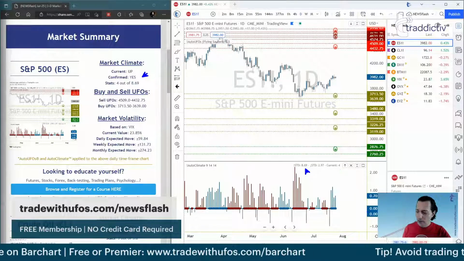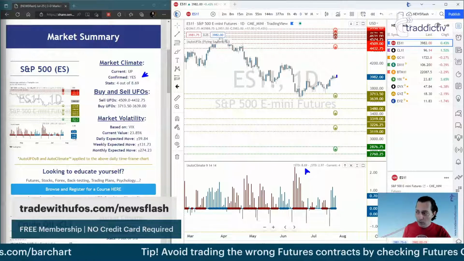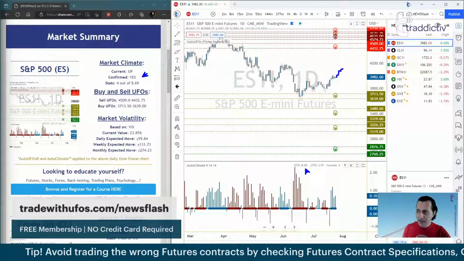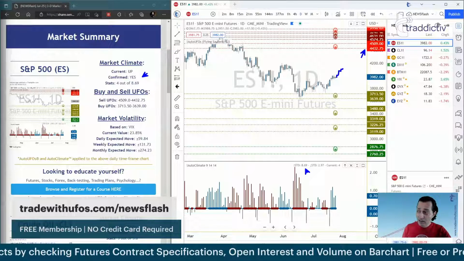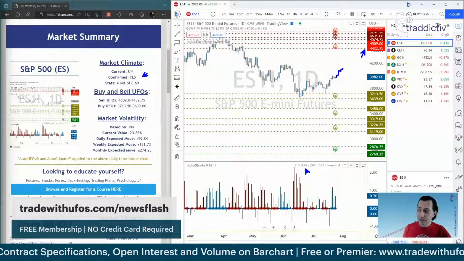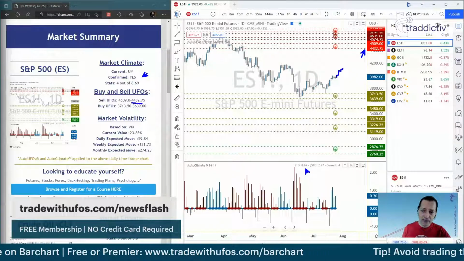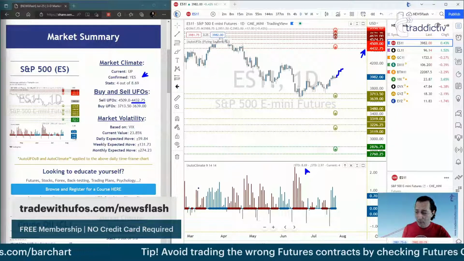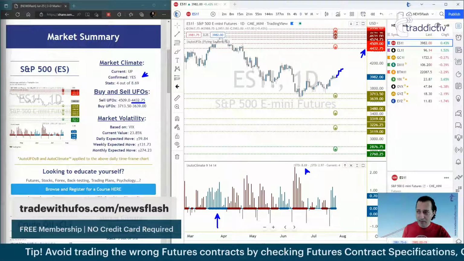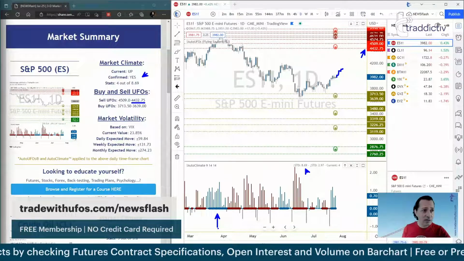Because we are in number 4 out of 8, there is statistical room for the market to continue moving higher a bit more. The reality is that there is nothing to stop the S&P from going higher all the way to our red UFO located at 44.32. We may end up seeing an extended climate to the upside, like what happened here at one moment, where the market extended a lot because there was nothing to stop it.